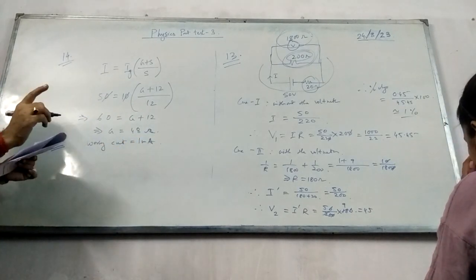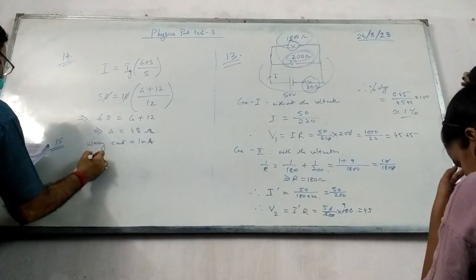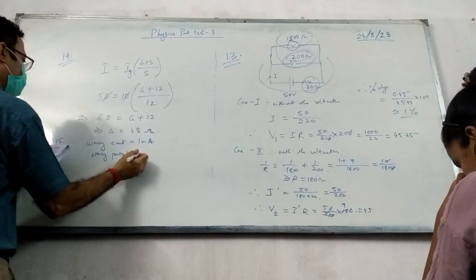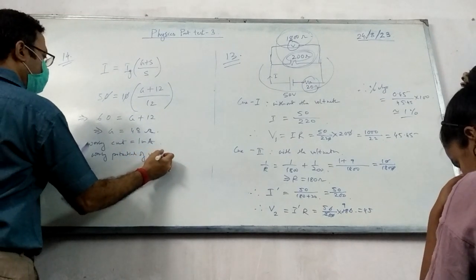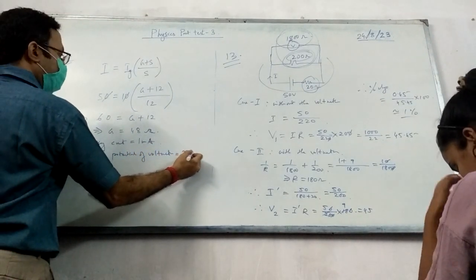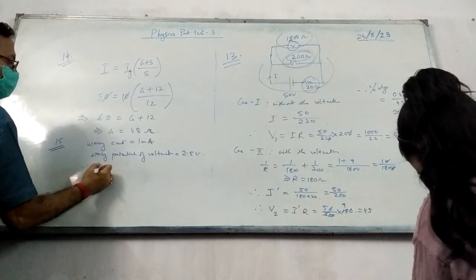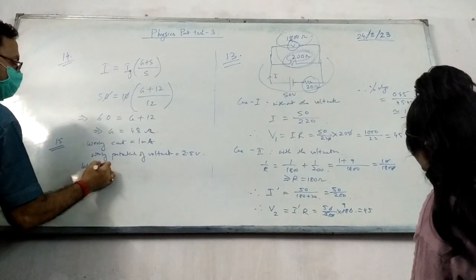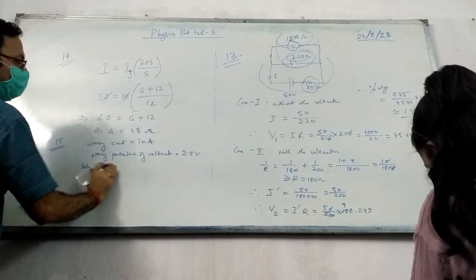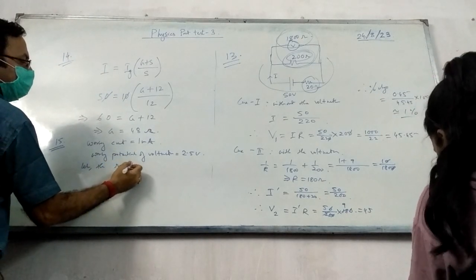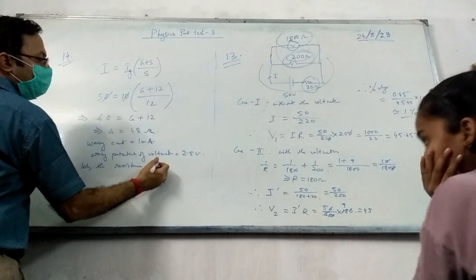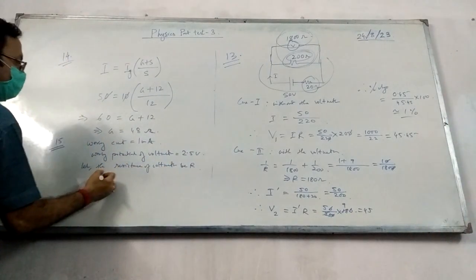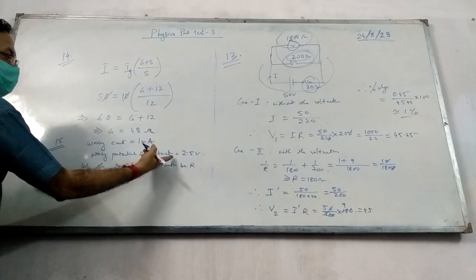Now how much potential difference has to be read? The working potential of the voltmeter is equal to 2.5 volt. Therefore, let the resistance of the voltmeter be R. Then this is the working current, this is the working potential.